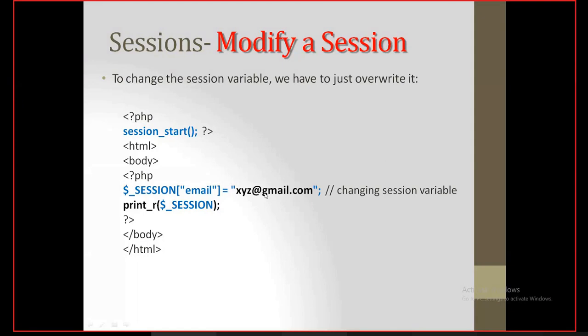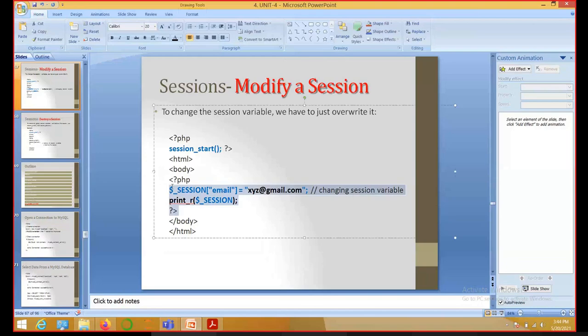This is the new value that we are putting in the same variable. And if we want to see the result, we can just run the script and check for the results.